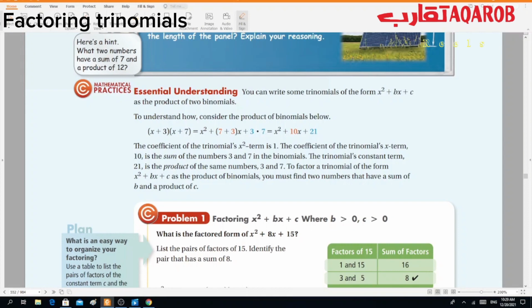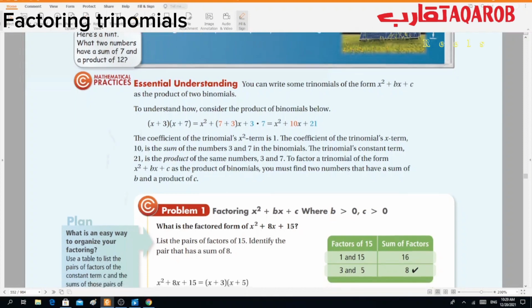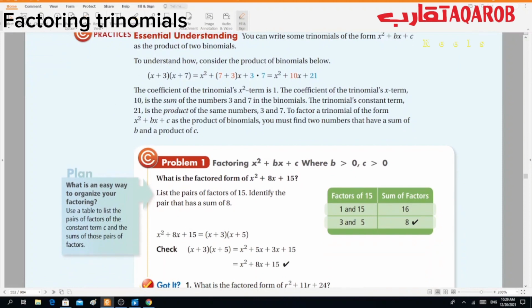Okay, so use any method you want, just find the answer. You will notice that it will be x squared plus 10x plus 21. As we can see here, the coefficient of x squared is 1, the coefficient of x is 10, the constant here is 21. So you can notice that multiplying these two binomials gives us this quadratic trinomial.